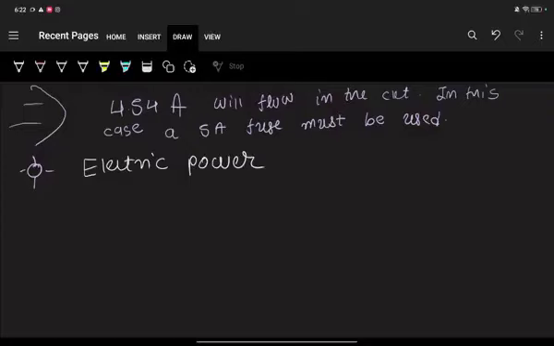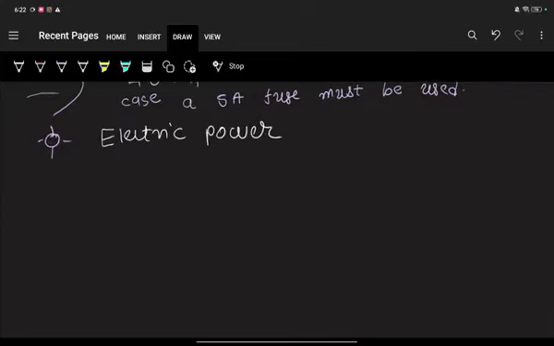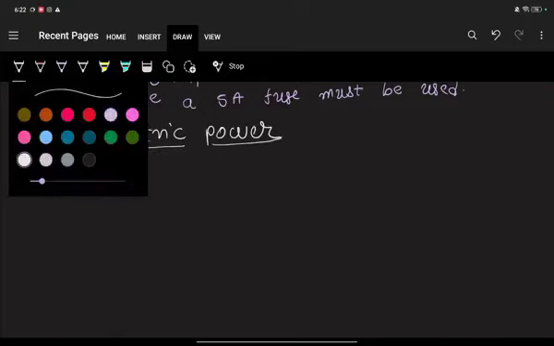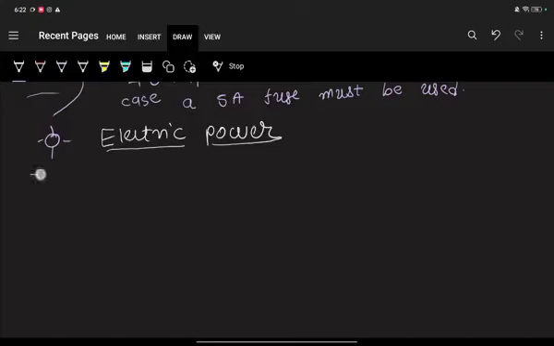So we have discussed Joule's heating, the practical application of the heating effect of power. Now, electric power. What is electric power? We have the definition of power, which is the rate of work done.